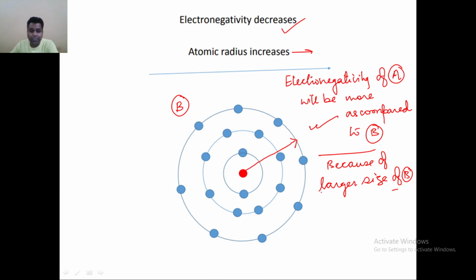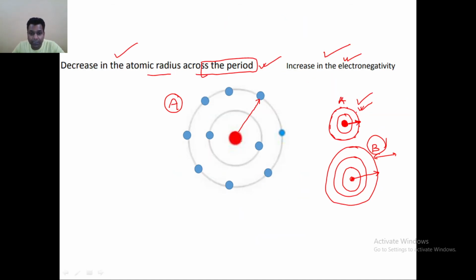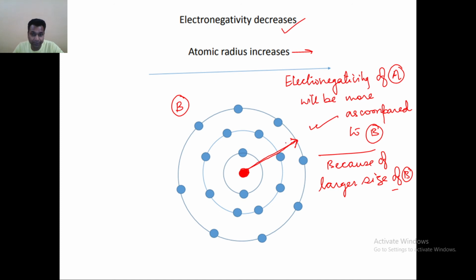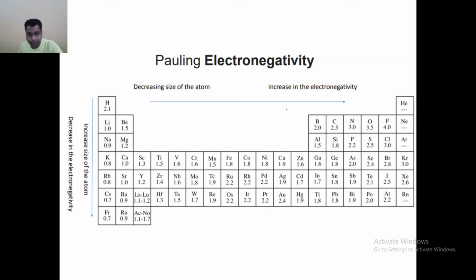Similarly, you are sitting here at the nucleus, and you have a rope and you are trying to pull something. In this case, the pulling force that you apply will be greater in comparison to this one. So you can correlate this, and that will be much better for you to understand this.